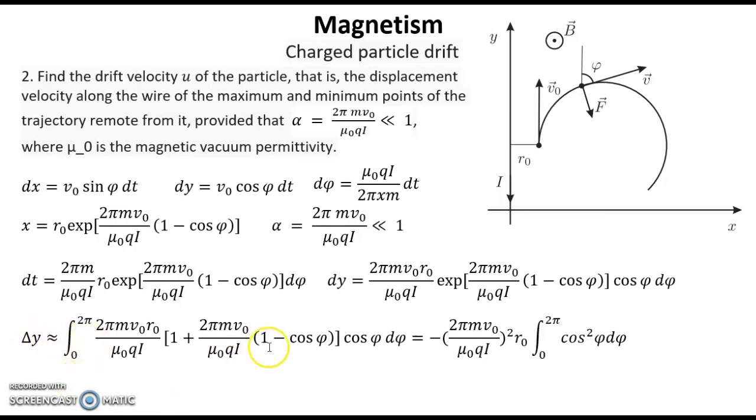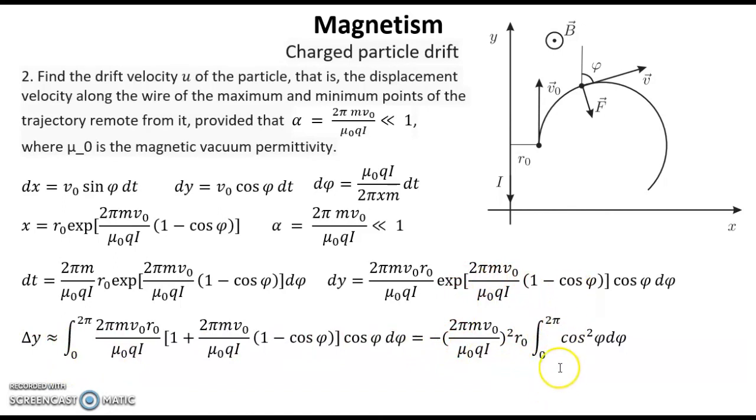Let's take a look at this. Here we have cosine phi, and the integral of cosine phi, being a periodic function, from angle 0 to 2 pi will be 0. And only cosine squared phi will be positive, so that will be the non-zero element of this integral. So we can represent this dy as this one.